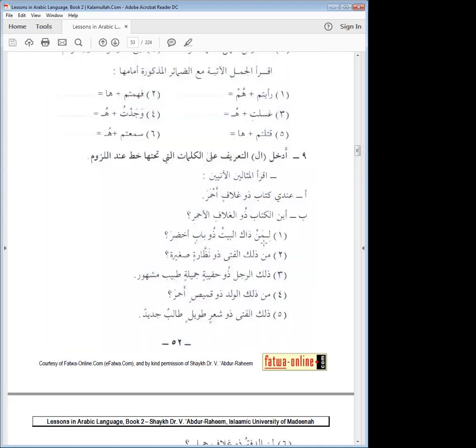So number one, we are saying liman ذاك البيت. So we are asking, who does that house belong to? And then we're going to say a particular attribute or characteristic of the house, right? ذو باب أخضر. ذو باب أخضر. Now, we just stated a definite noun, right?